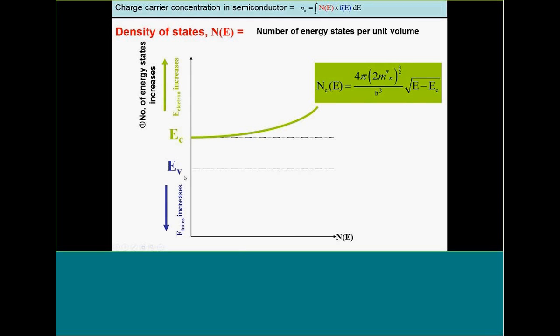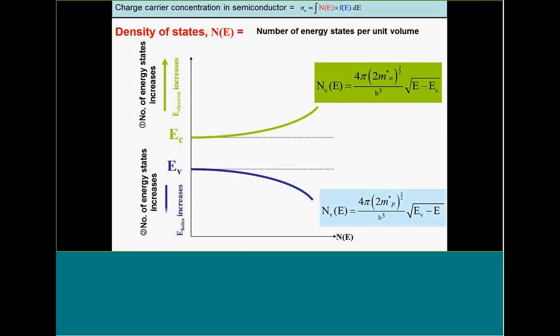So let's draw the curve for the density of states for the valence band. This is the density of states, represented by this equation, where p is the effective mass of holes.